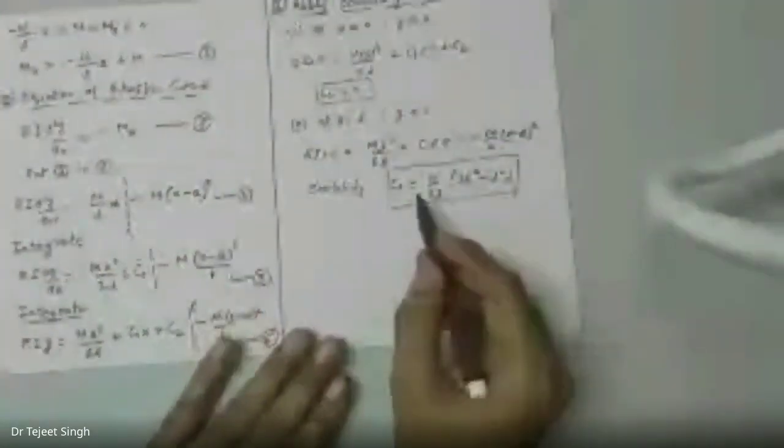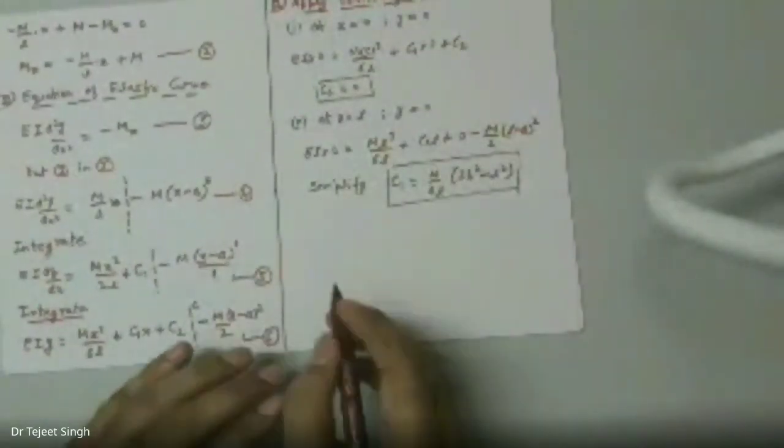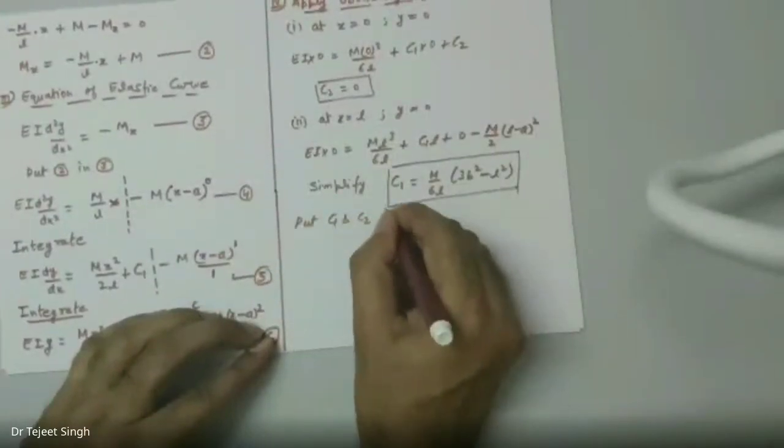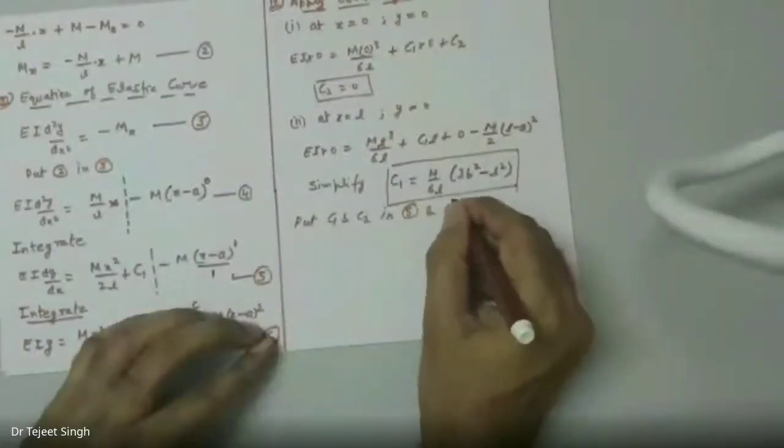C2 is 0 and C1 has some finite value. So I put C1 and C2 in equations 5 and 6 and write the final equation, which is my answer.